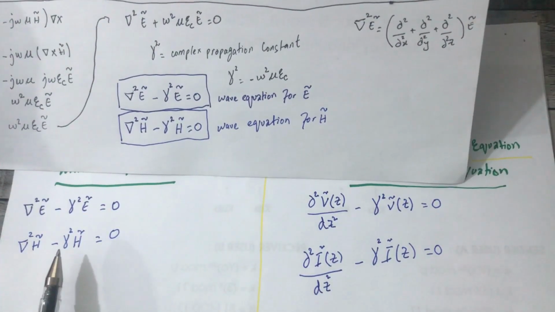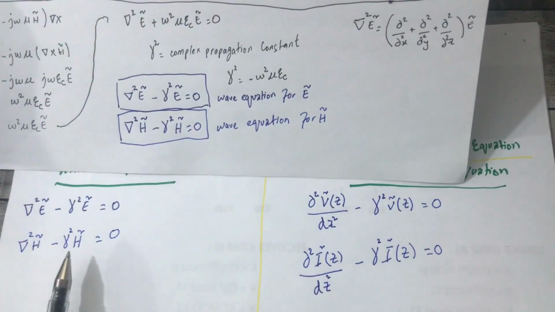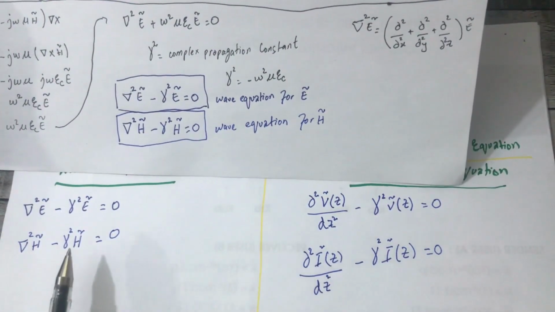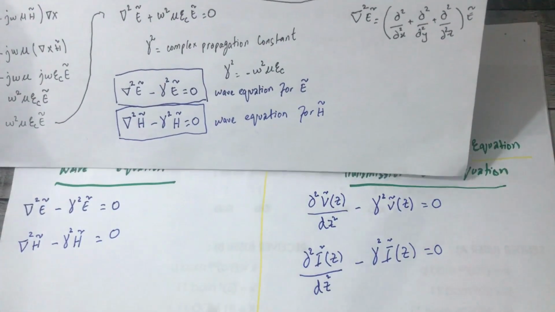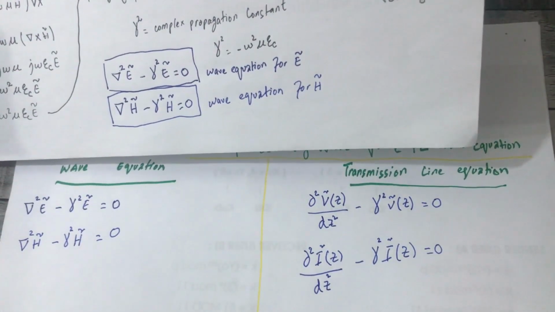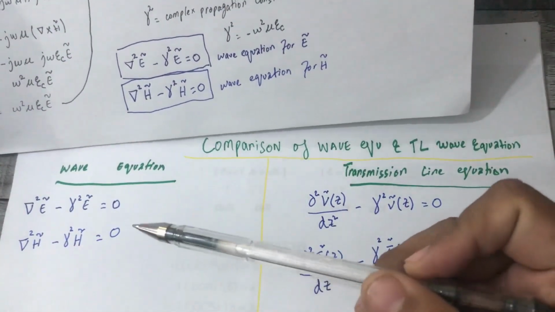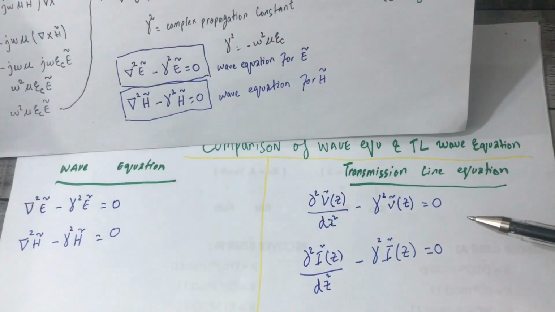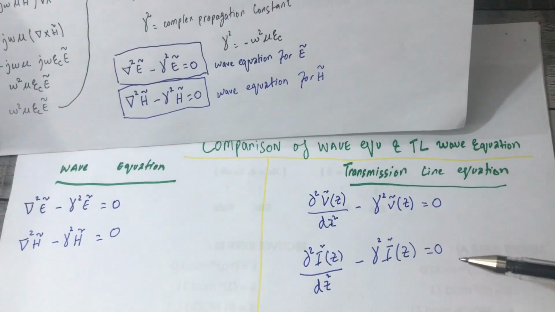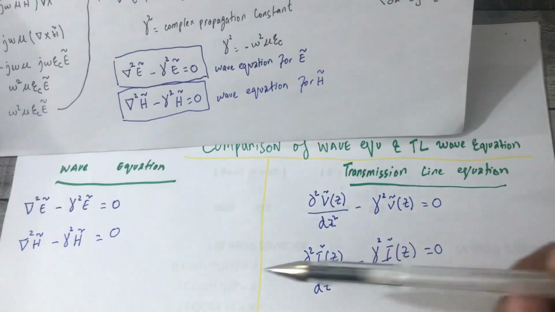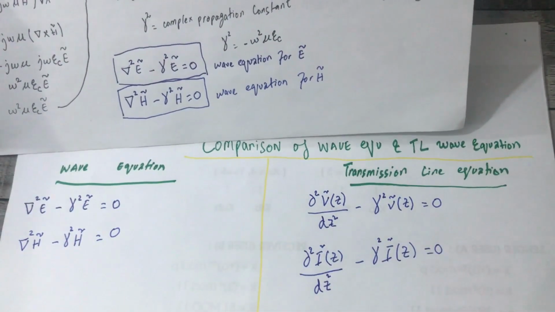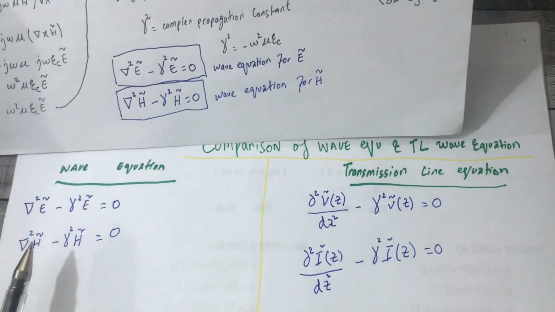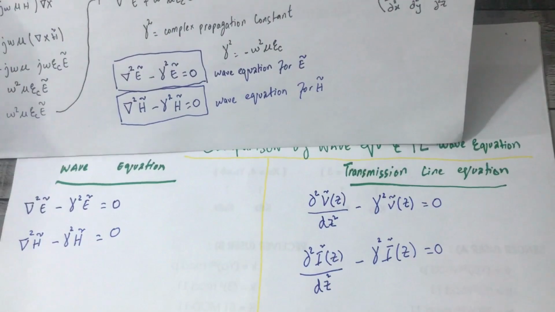We also have gamma here, and we also have a magnetic component, current, which gives rise to the magnetic component. So they are exactly the same thing. Here we're talking about waves propagating in free space. Here we're talking about electromagnetic waves going into a transmission line. The representation changes a little bit: here it's with respect to voltage and current, there with respect to electric field and magnetic field. Let's look at gamma.